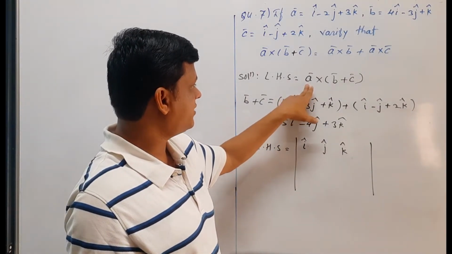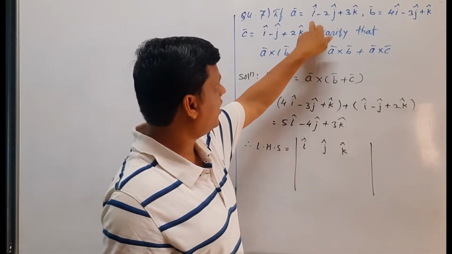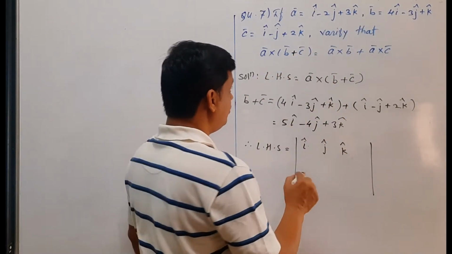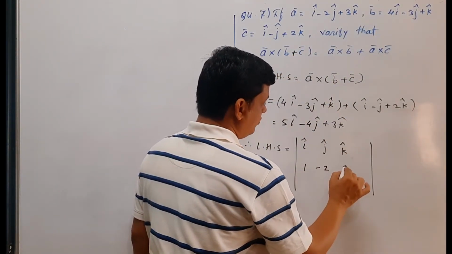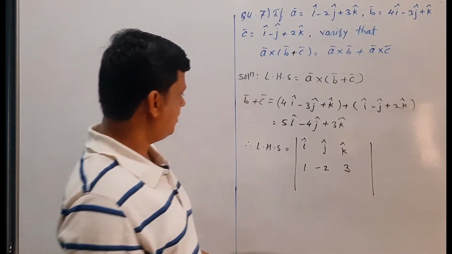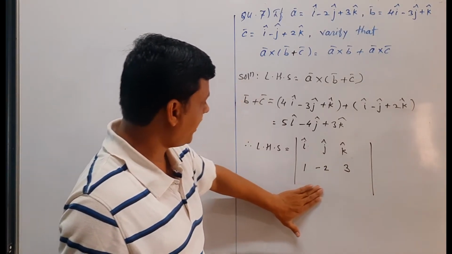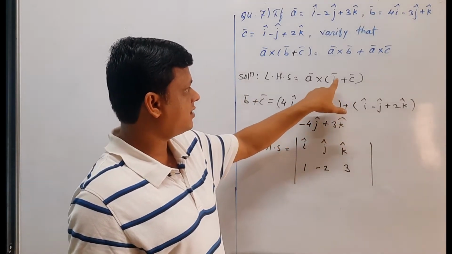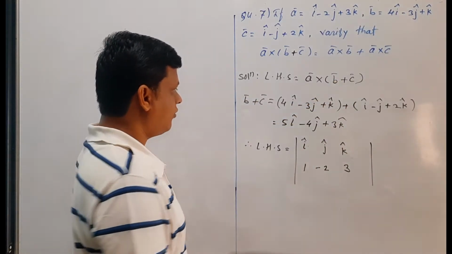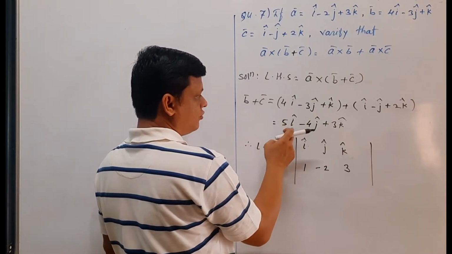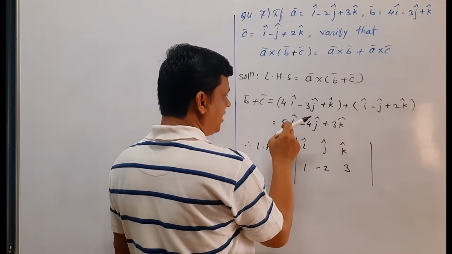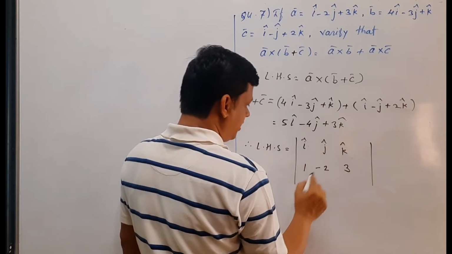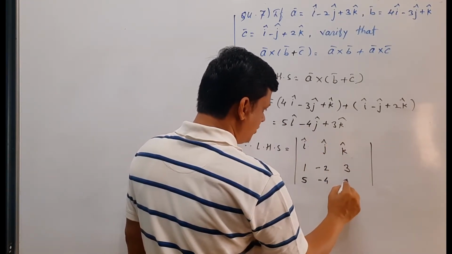So first vector is vector A, so we write 1 minus 2 3. In third row we write coefficients of i j k for the second vector. Second vector is b bar plus c bar, so we calculate here b bar plus c bar. So the coefficients of i j k are 5 minus 4 3.